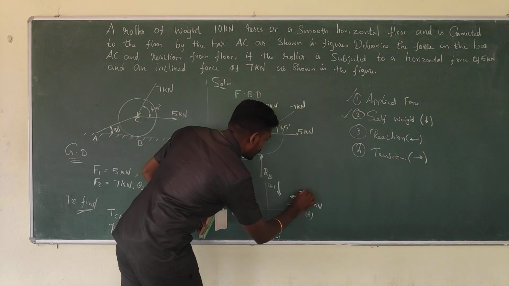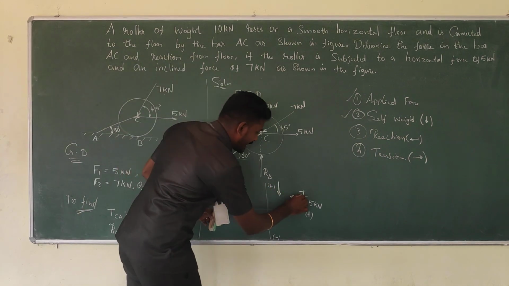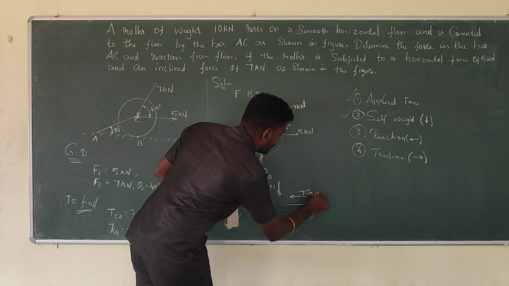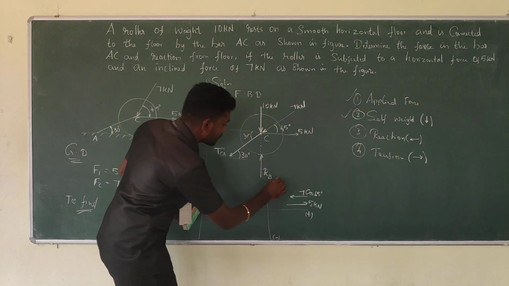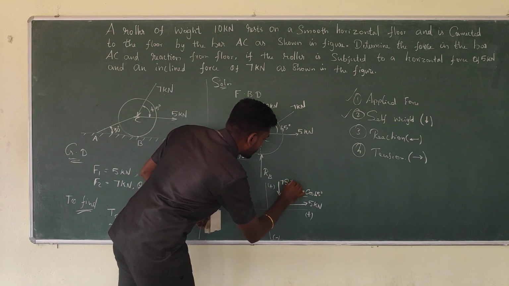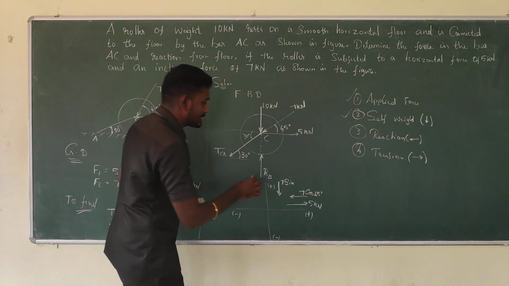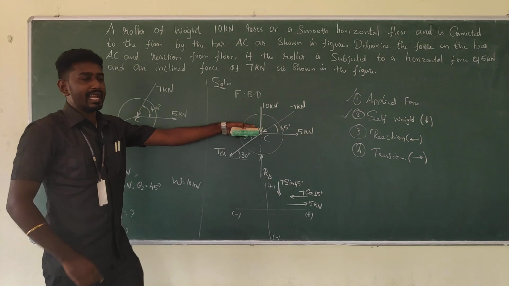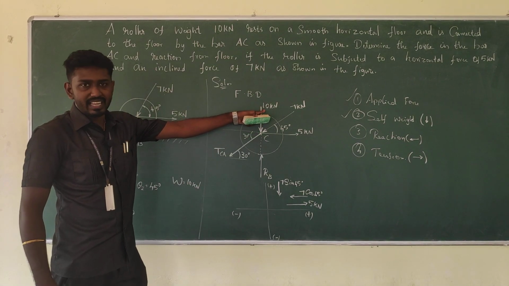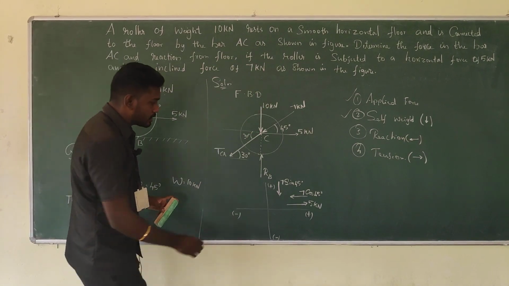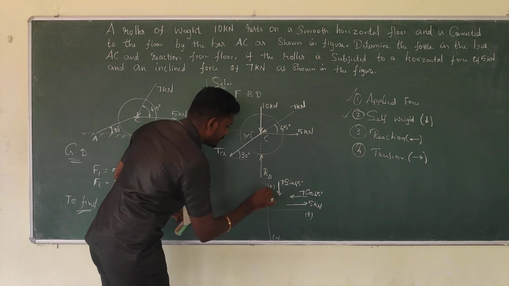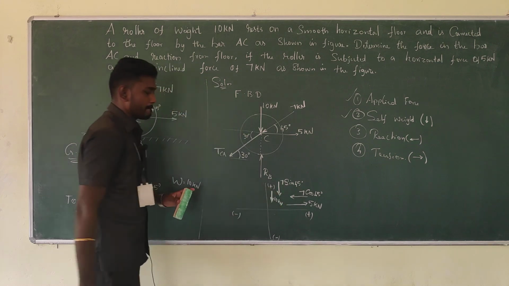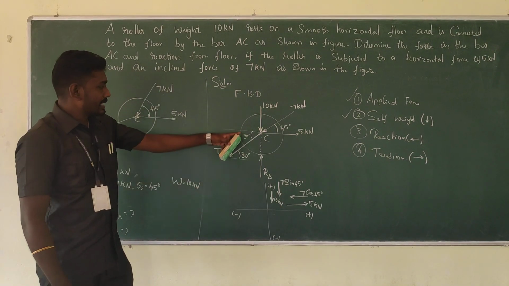Designate the magnitude: 7 into, it's a horizontal, so cos, and the angle is 45 degree. Here comes the vertical force, 7 sine 45 degree. And here we have the vertical force which is directed downwards, which is 10 kilonewton.